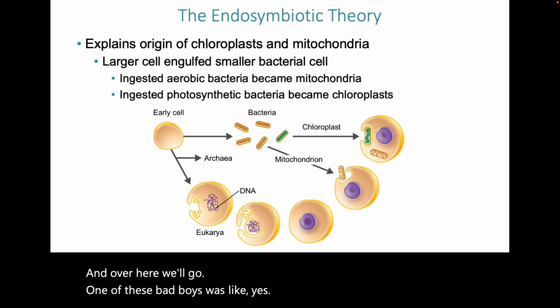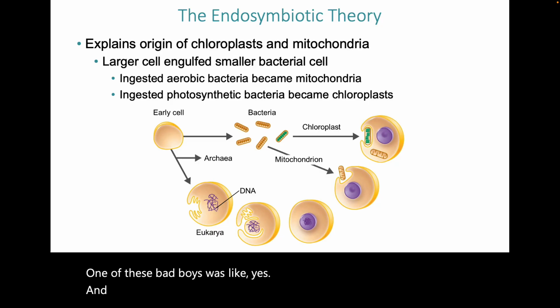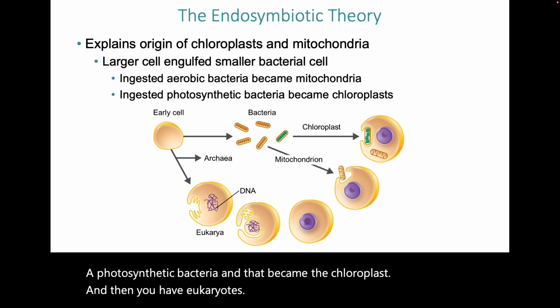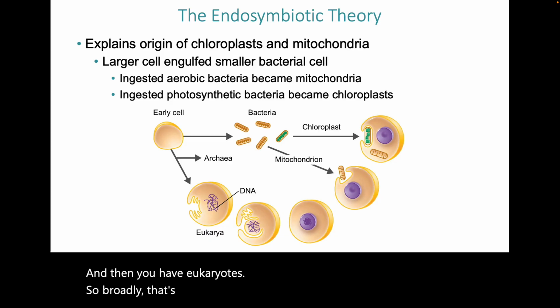And it engulfed and formed a symbiotic relationship with a photosynthetic bacterium, and that became the chloroplast. And then you have eukaryotes. So broadly, that's the endosymbiotic theory.